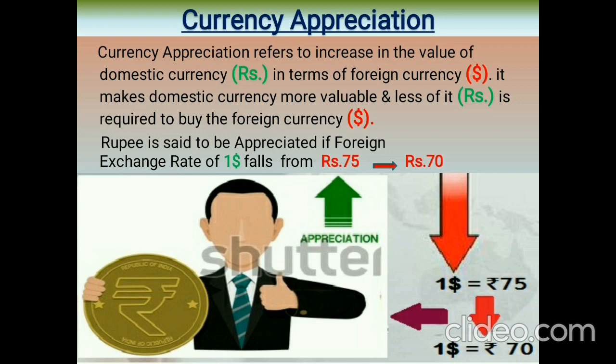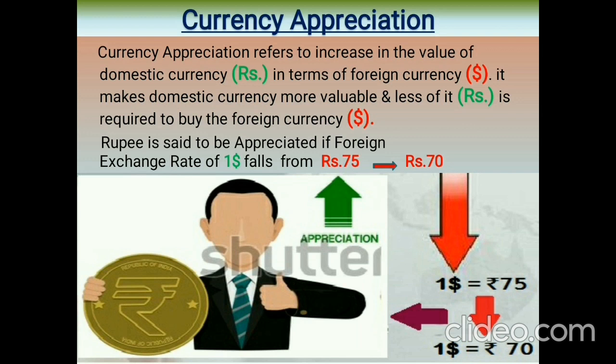In depreciation, the foreign exchange rate will increase, so it leads to depreciation. In this case, the foreign exchange rate is decreased from rupees 75 to 70, and it leads to appreciation of domestic currency. So we have to remember this relationship for solving various questions of this chapter.